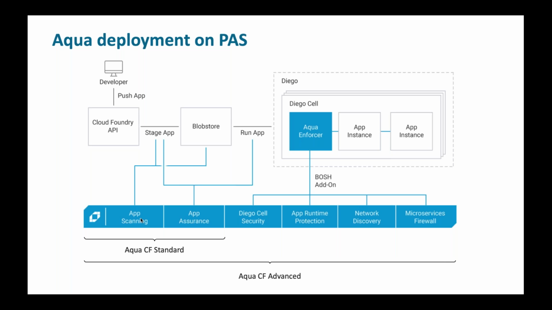And then as we move on to the runtime protection, that's where it's going to be the Diego cell security, the app runtime protection, the network discovery, and then the microservices firewall. That's basically a layer 3, layer 4 application-specific firewall. So you can start to apply firewall policies as close to the source as possible, which would be the application instance itself.